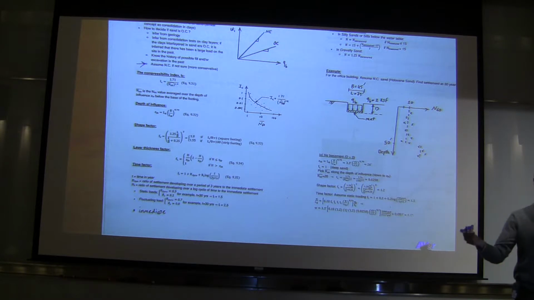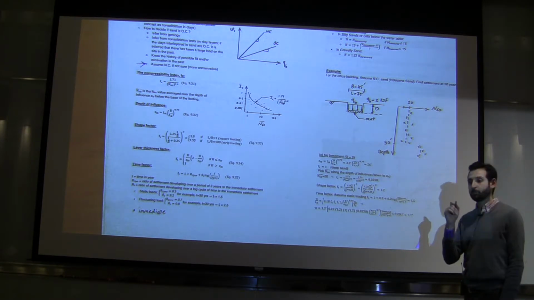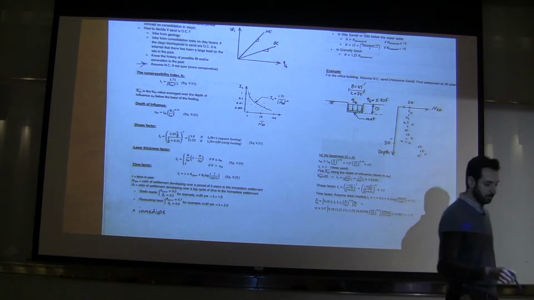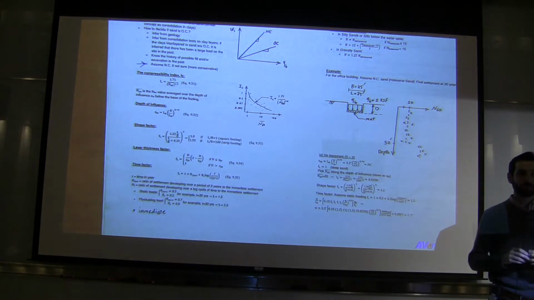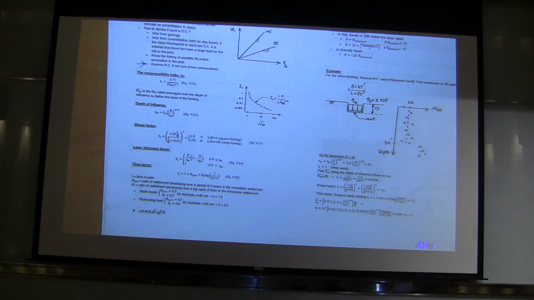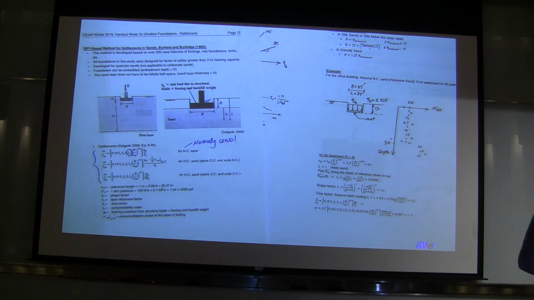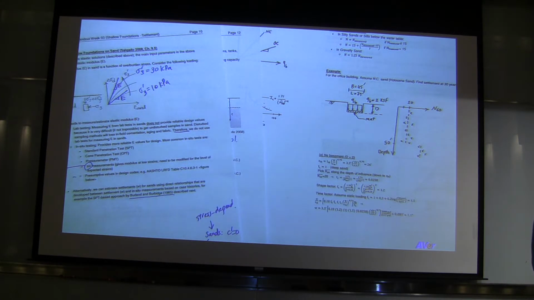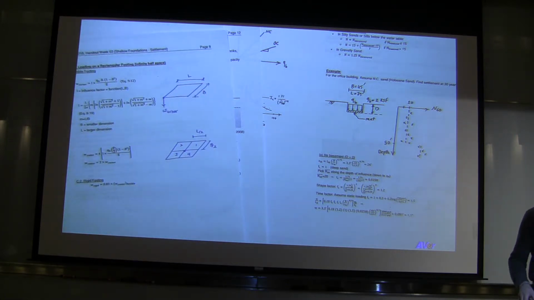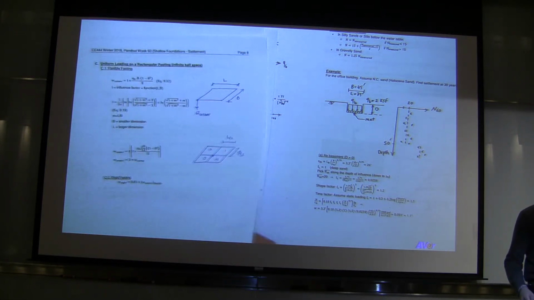Now I want you again to go back to the elastic solutions and point at the figure that is supposed to give you an idea of what this influence factor, depth of influence, is. Let's flip back to the elastic solutions. Do you see it?